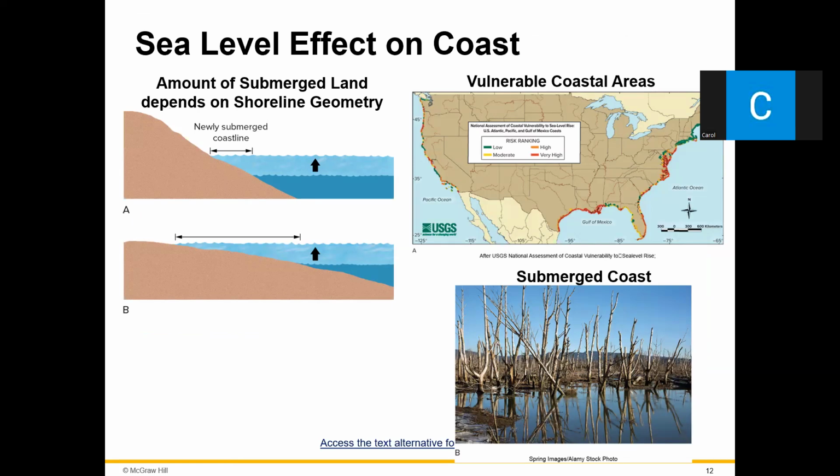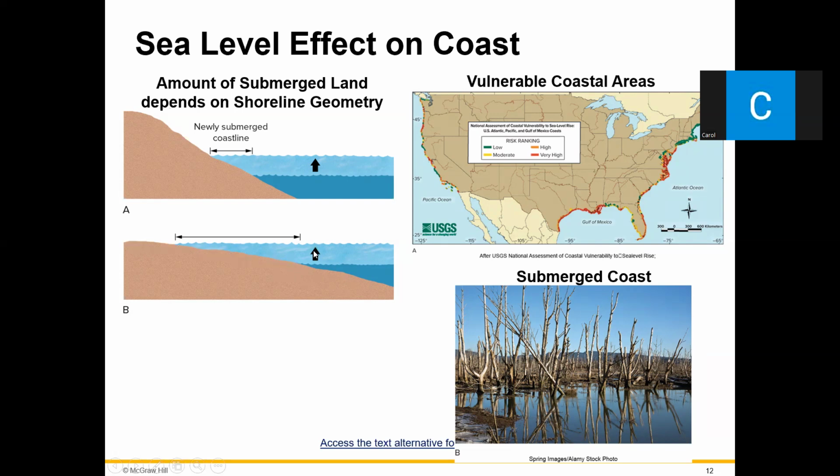So here's an example. These are areas that are very vulnerable to sea level rise. And why is that? Why is there so much more here than there is here? That's because of the shape of this beach. This is our divergence, so it's this very low lying, sloping coastal areas.